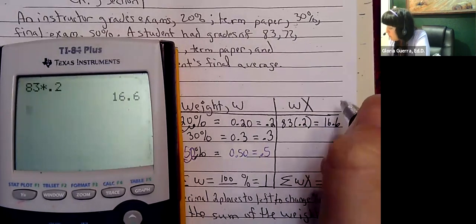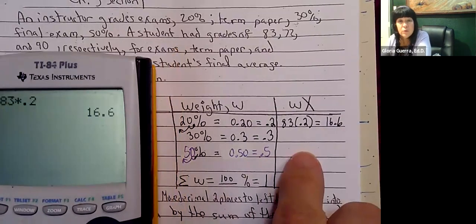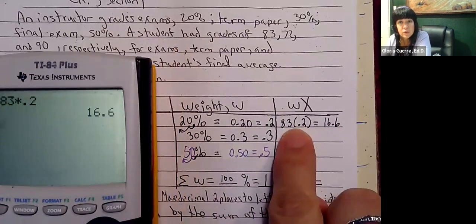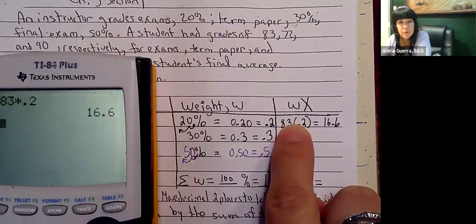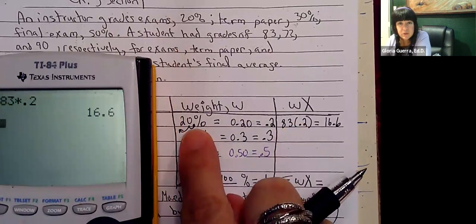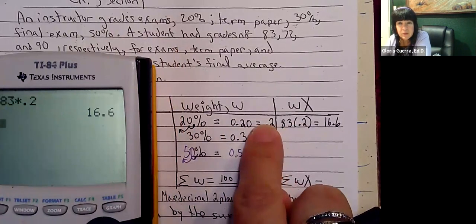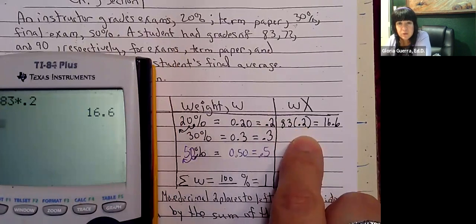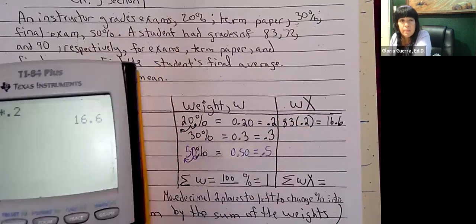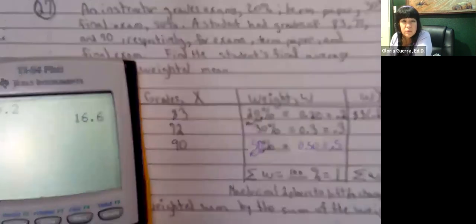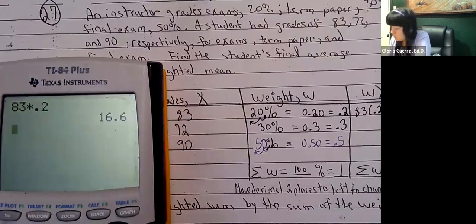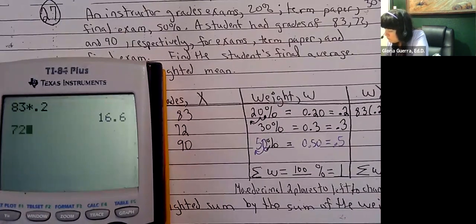16.6. And on a test, you're only required to show this multiplication for this first part. If you have a percentage for this first part, then after you've demonstrated that, the others you can just multiply. Like here you do 72 times 0.3, then write that value down.